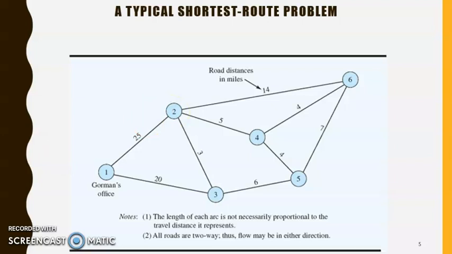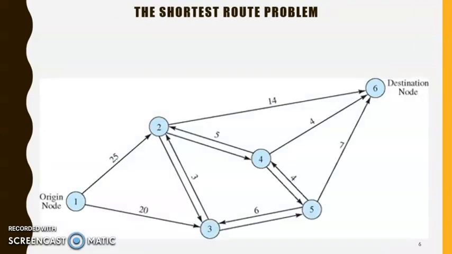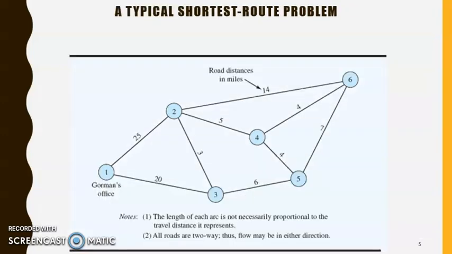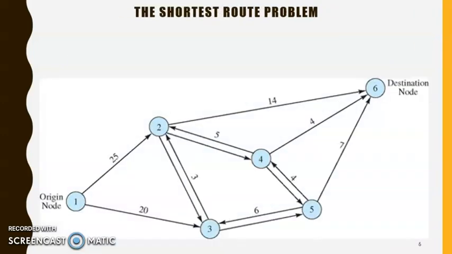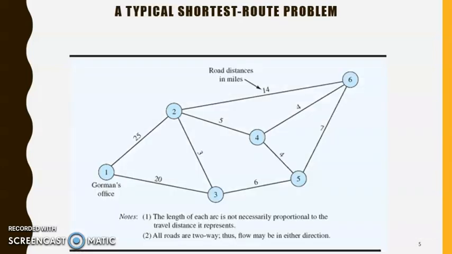Okay, we are gonna do a mathematical model over this to solve the problem of which route must be taken to get to the destination. Here, my friends, it says all roads are two-way.